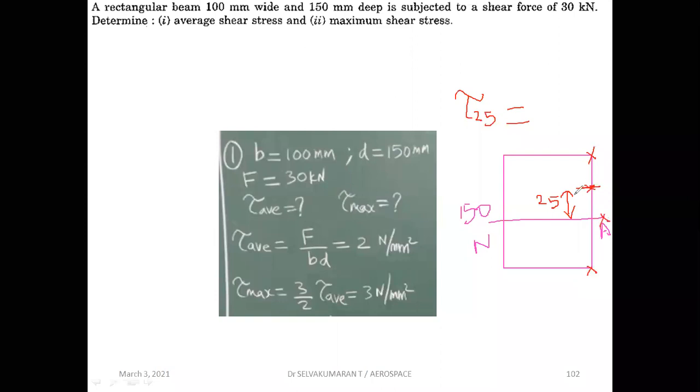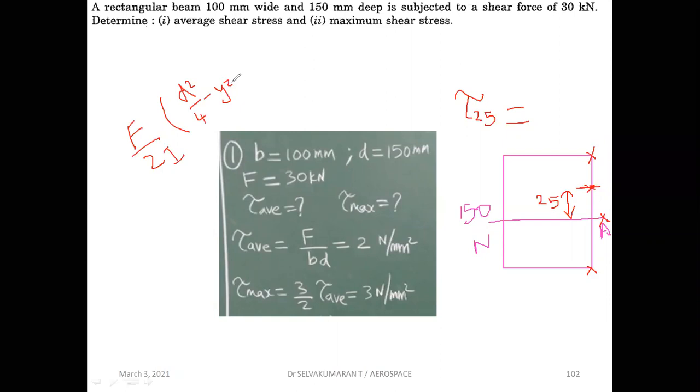Now how to find this? We have one formula given in the beginning: F by 2I into (d square by 4 minus y square).